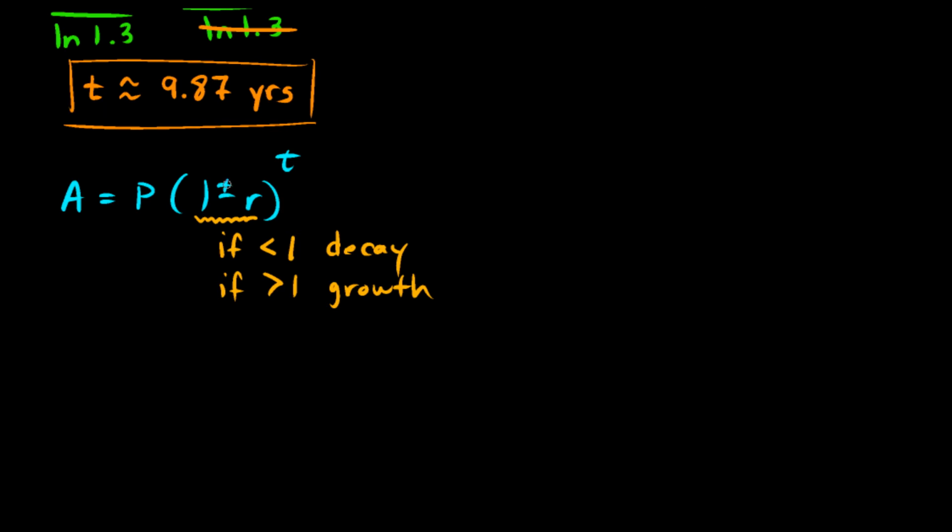Then that would mean that the value of the card would go down, so it would end up being 1 minus a certain percentage to bring the factor less than 1. So that's one kind of problem. This over here represents just a run-of-the-mill exponential growth or decay.